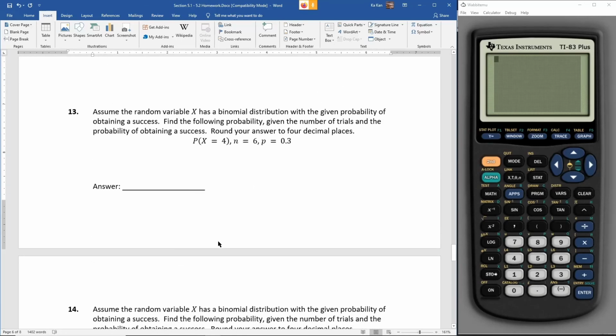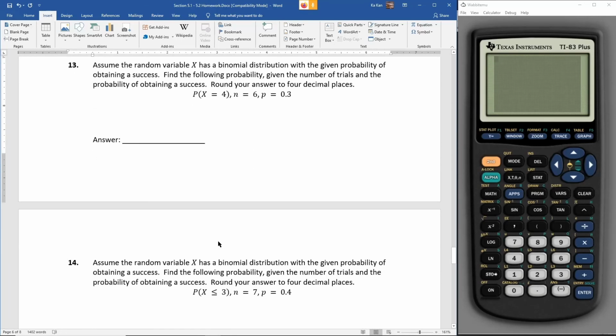Assume the random variable x has a binomial distribution with the given probability of obtaining a success. Find the probability. This is easier. This is exactly x equals 4. So this would be binomial PDF.